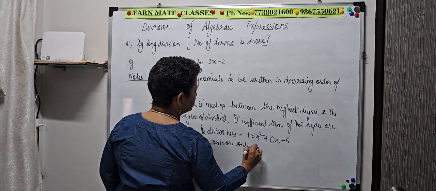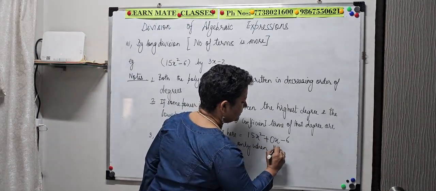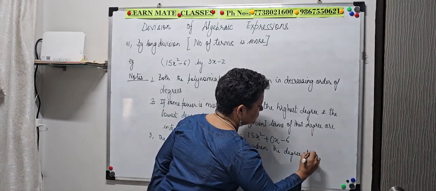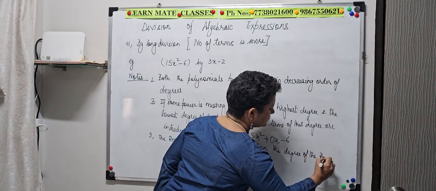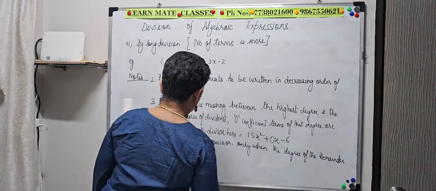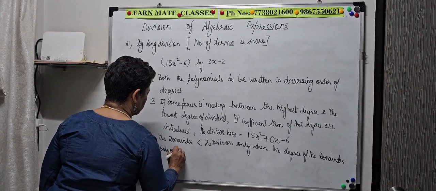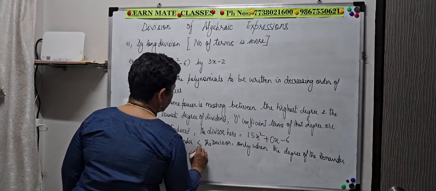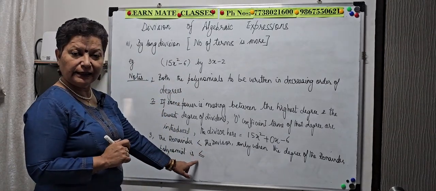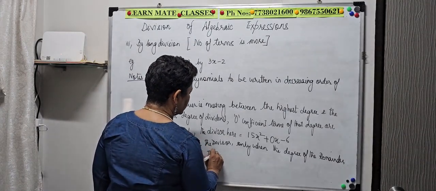only when the degree of the remainder polynomial is either less than or equal to, I hope you are familiar with this sign, less than or equal to the degree of the divisor polynomial.